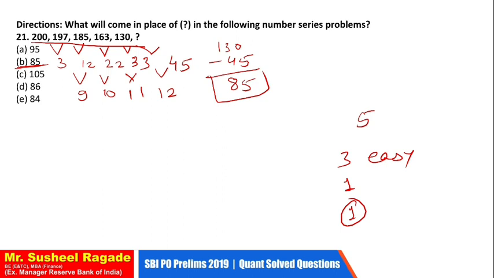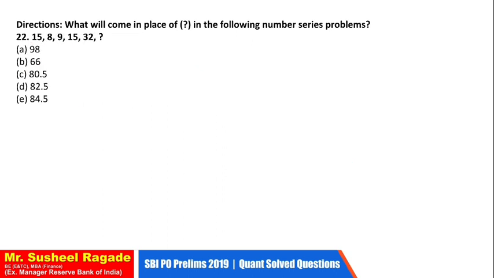Otherwise some, like RBI assistant, in which nowadays the cutoff is going around 95, 96, in that kind of examination you have to be very accurate as well as fast. But in SBI, 80% accuracy or efficacy will be good. So let's see the second question.